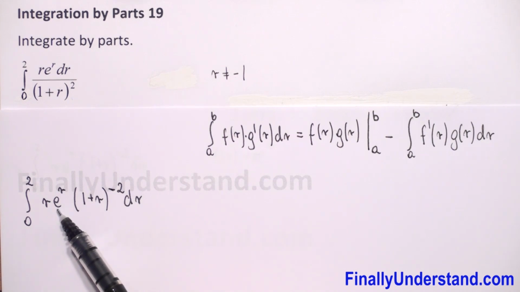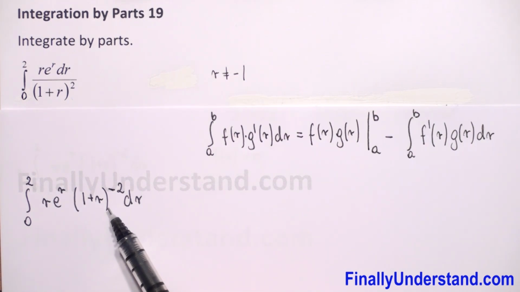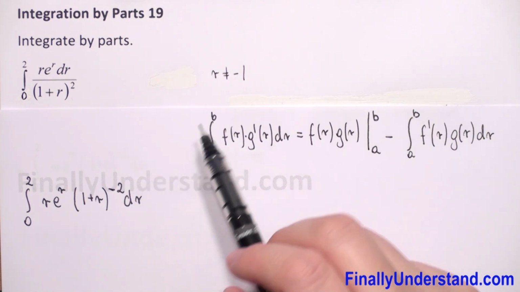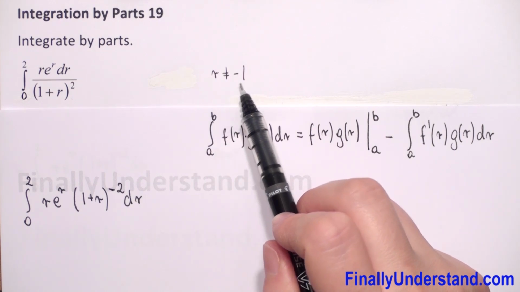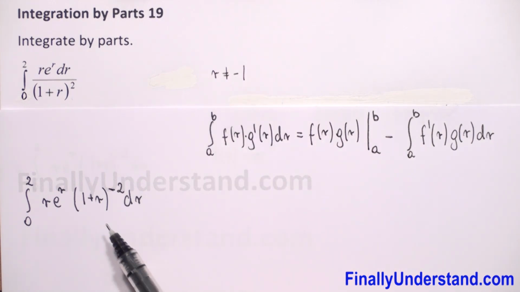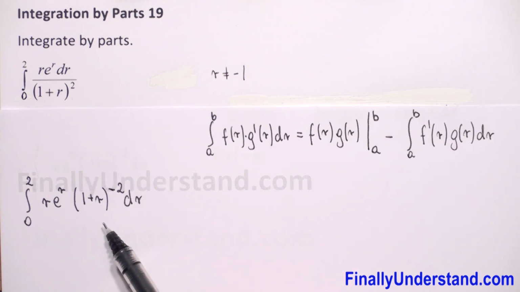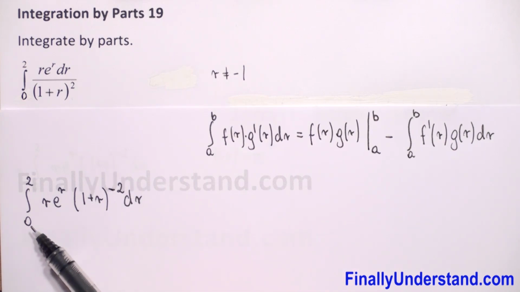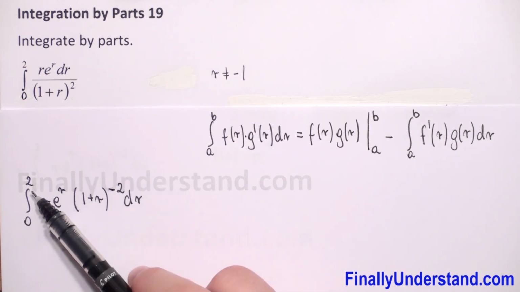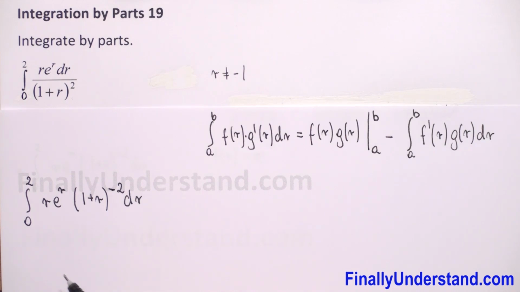We have r times e^r, this is a continuous function, and our function 1 plus r to power negative 2 is continuous except at r equals negative 1. Only for r equals negative 1 our function is discontinuous. But we have here interval from 0 to 2, so everything is okay, because negative 1 is not included.